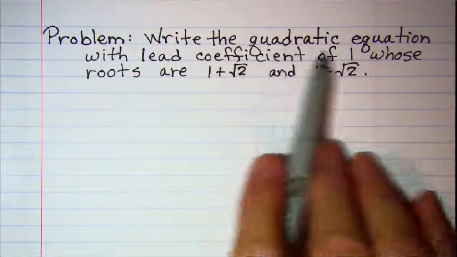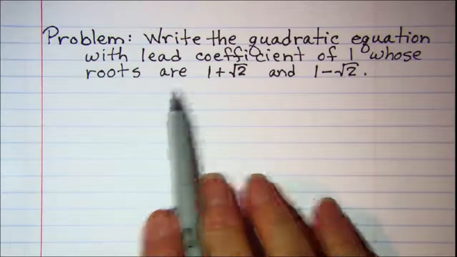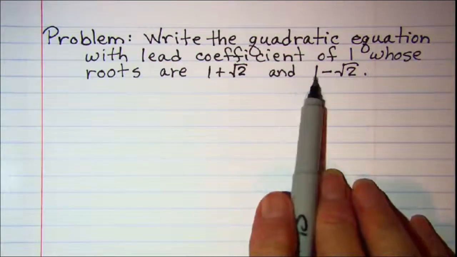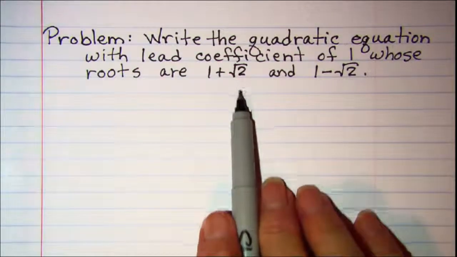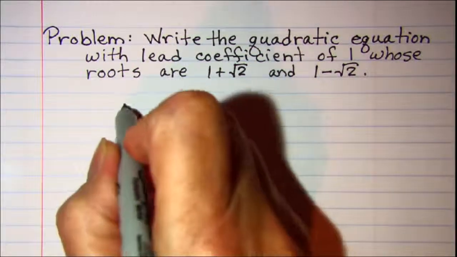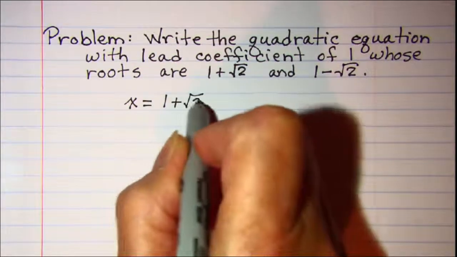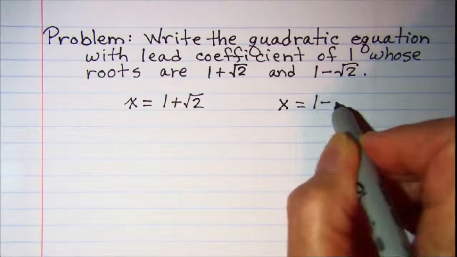Do another one. Write the quadratic equation with lead coefficient of 1, whose roots are 1 plus the square root of 2 and 1 minus the square root of 2. Now we're going to do the same thing that we did before. We have our roots, so x = 1 + square root of 2, and the other one is x = 1 - square root of 2.